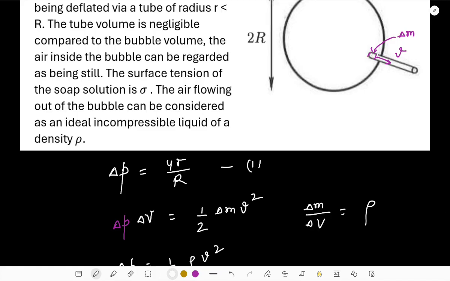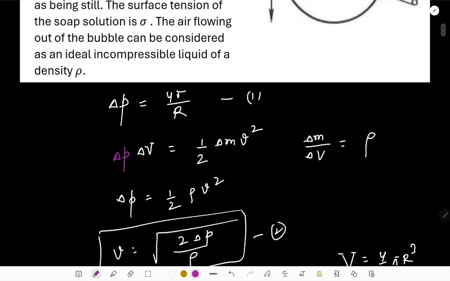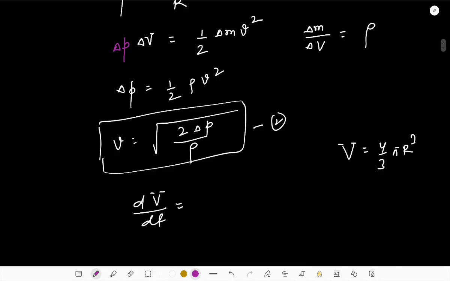And if I know its radius, that is given, its surface area becomes pi r square, with small r as its radius. And if we multiply this by the velocity of the outgoing liquid, this is some kind of liquid, so I can write here dV by dt will be equal to v multiplied by pi r square, the area.